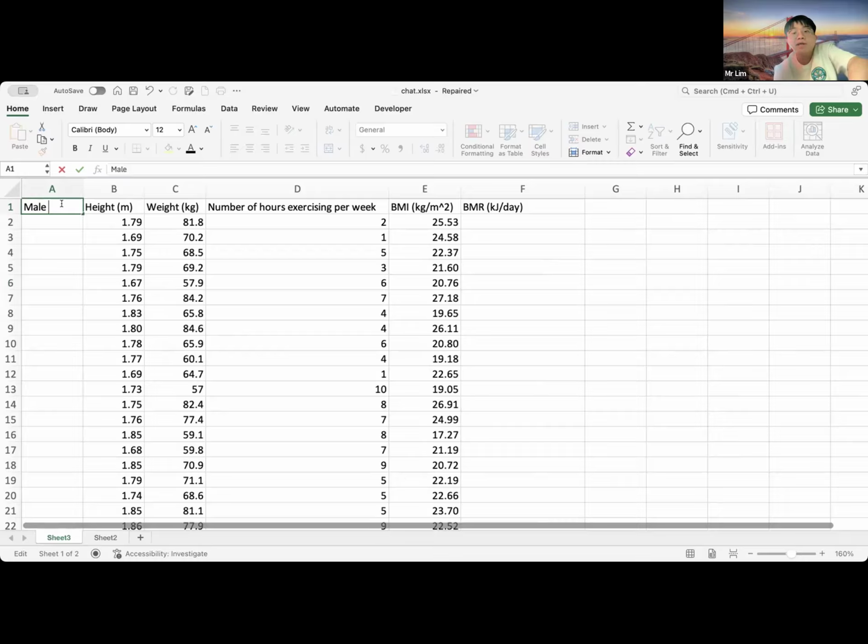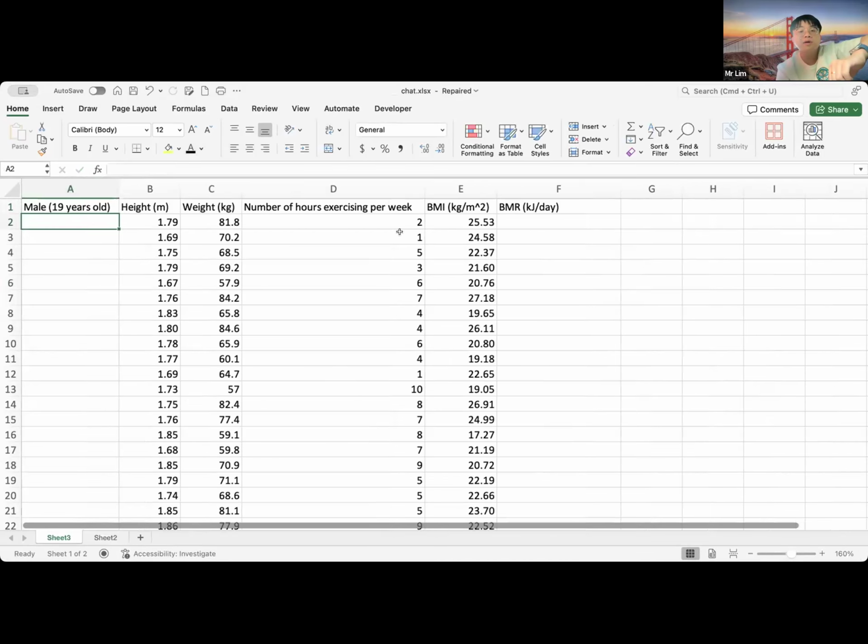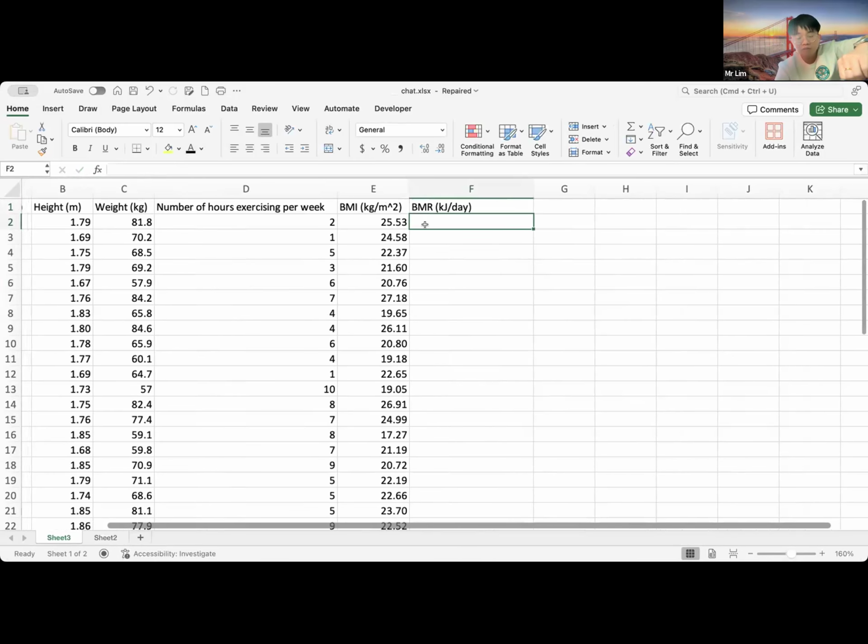You can also, but then you have to make sure that all of them are the same age. So let's say you choose 19 years old. All are the same, okay? Because the calculation of BMR depends on the age also.